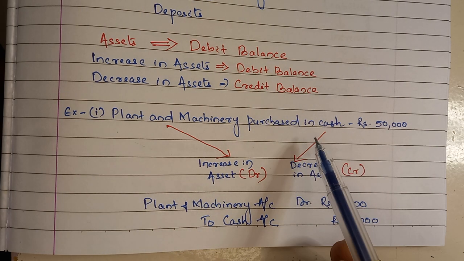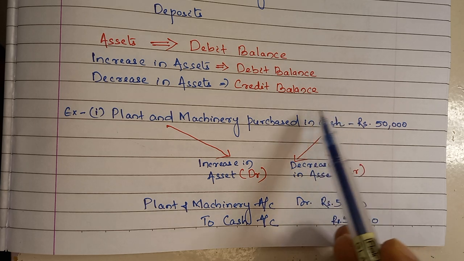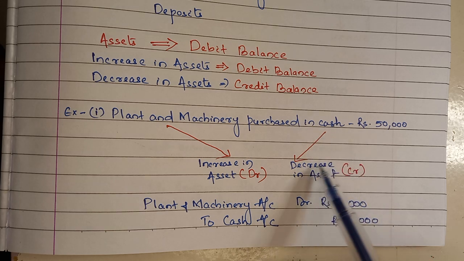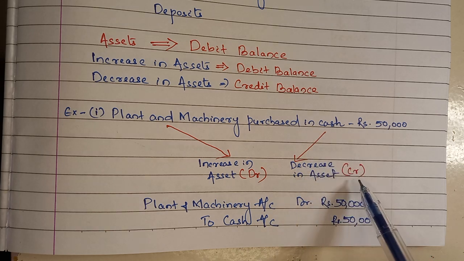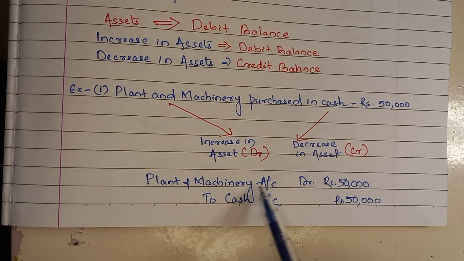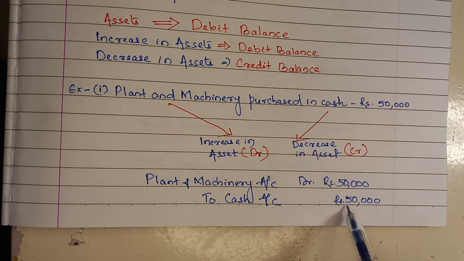Similarly, you are paying by cash. This cash was an asset for the business, so when you pay, it is a decrease in an asset. Hence, it is credit. So the journal entry is: Plant and machinery account debit 50,000 rupees, because of the increase, to cash account 50,000 rupees, because of the decrease in the asset.